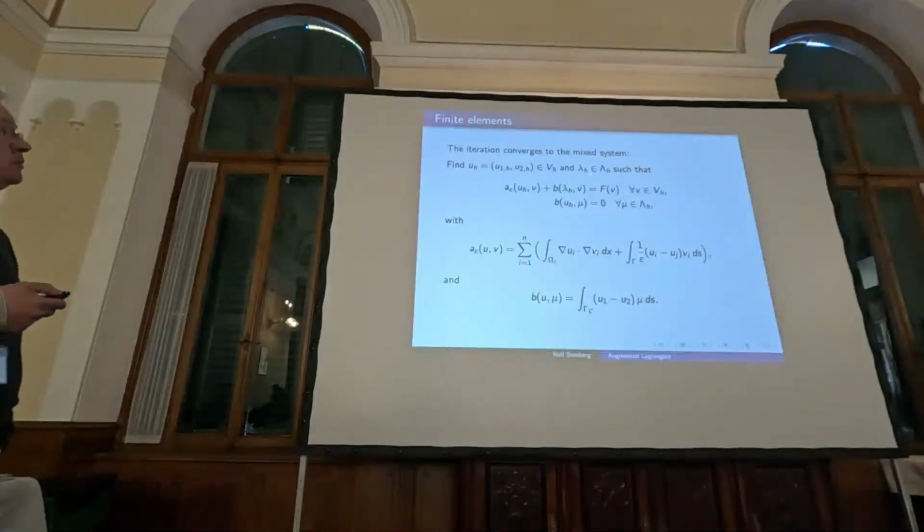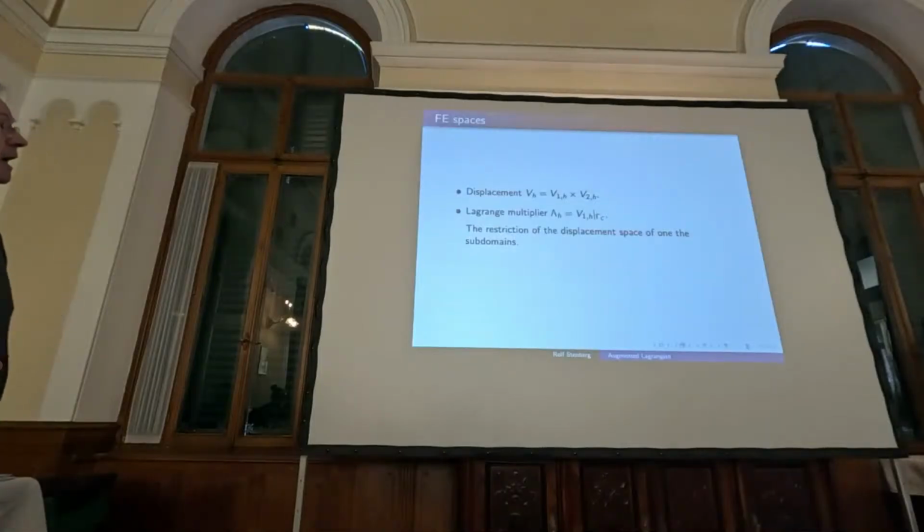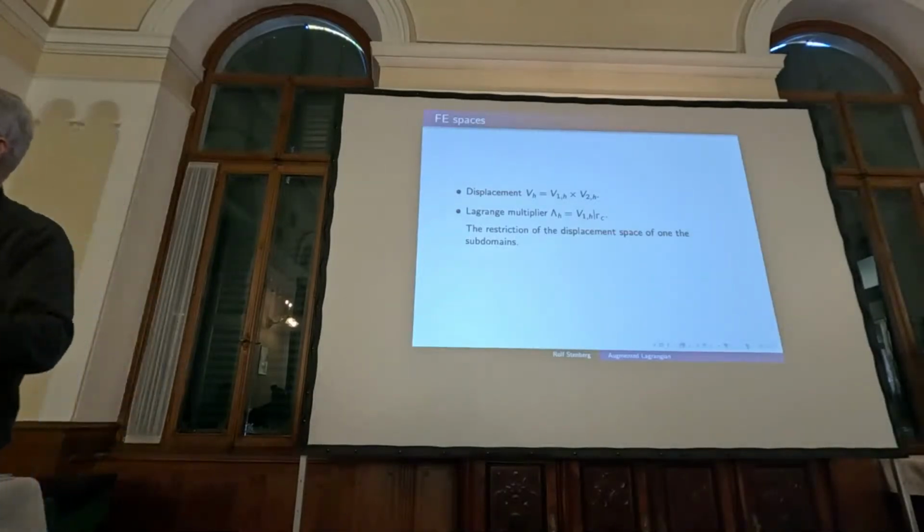Then you have a saddle point problem, typically fitting into Brezzi's framework or Babuška's framework. You have this bilinear form, and then you have this symmetric form, and there you have the 1 over epsilon of the penalty. The question is, how do you choose the spaces?